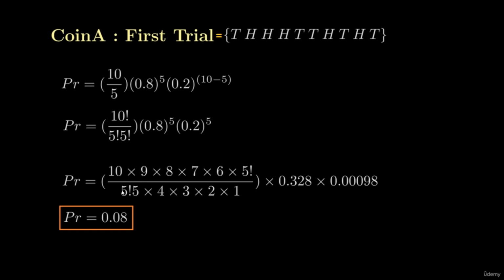This 5 factorial is here, and this 5 factorial is 5, 4, 3, 2, 1. Here we are getting the total value of the factorial. So this 5 factorial will be cancelled out by this. And if we multiply all this and divide by this and multiply with these two terms, we will get the probability value of 0.08. So this is the probability for coin A of getting tail from the first trial.